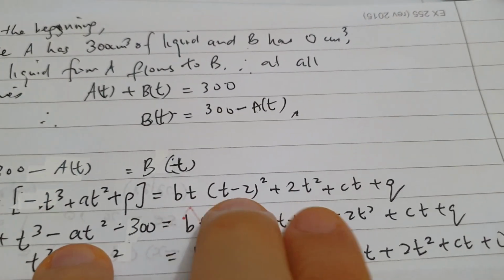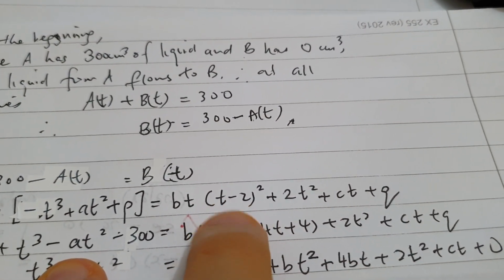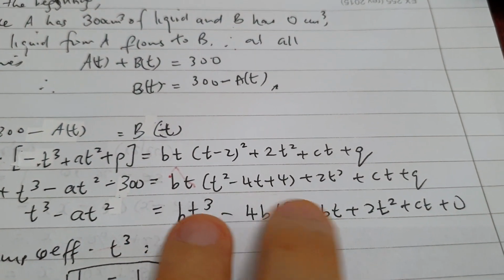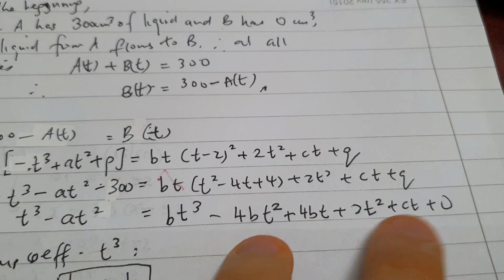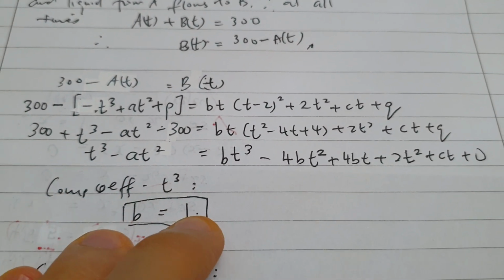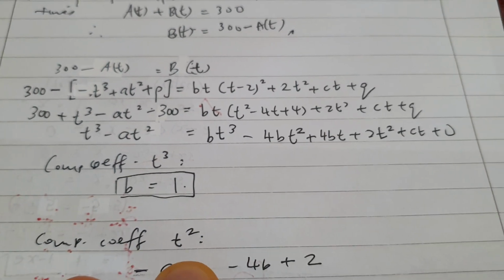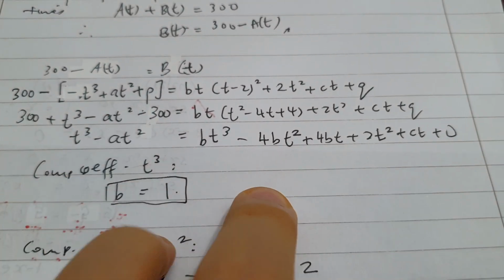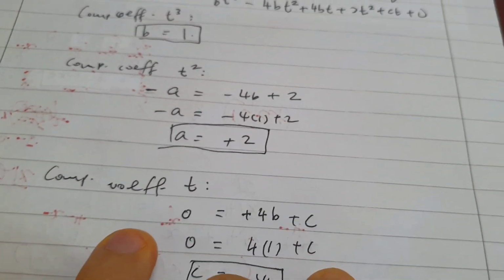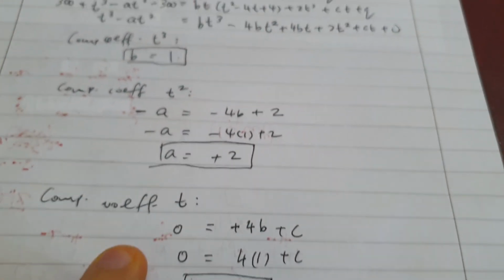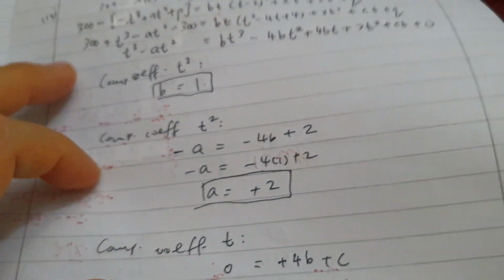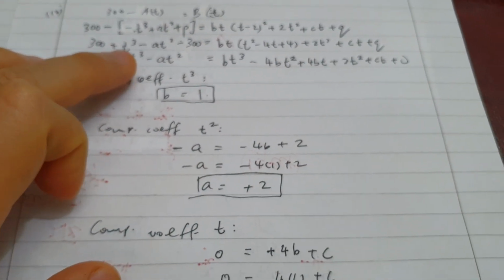On the right hand side, I just simply expand this bracket, open up the bracket, and I can compare the coefficients, and I get b equals 1. Compare coefficient of t squared, I get the other one. Compare the coefficient of t, I get the last one. Okay, so you are basically solving the unknowns in this identity.